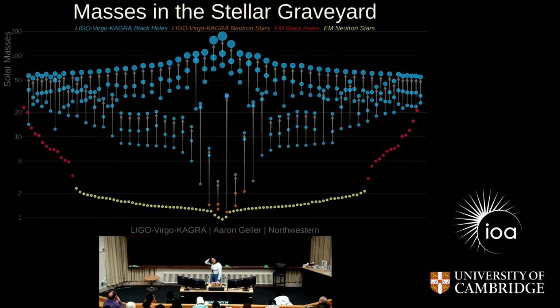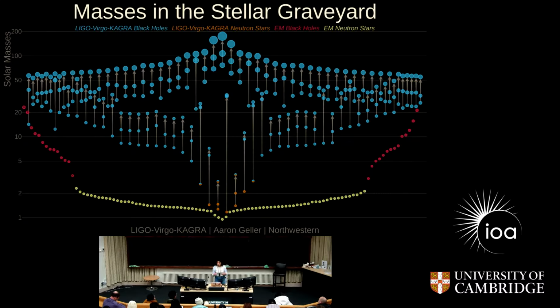And since this very first detection back in 2015, there have been almost 300 detections of individual gravitational wave events. And a lot of these, well, all of them are mergers between these compact binary inspirals. So that's the class that we have sensitivity for.